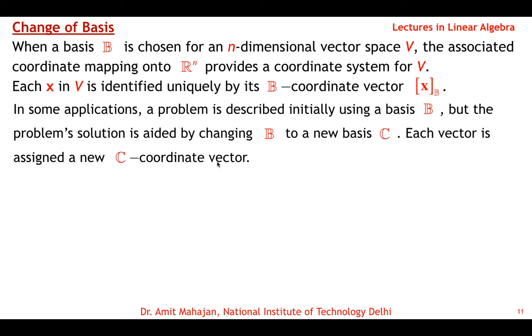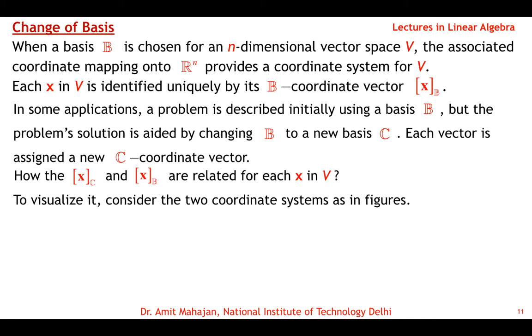So now the question is how we can move from the B basis to the C basis, or, if B and C are given, how we can find the C-coordinate of x if we know the B-coordinate of x. How are the C-coordinate and B-coordinate of x related for every vector x in the vector space? Let us visualize this using two graphs.